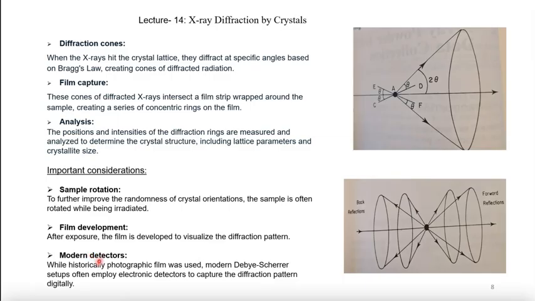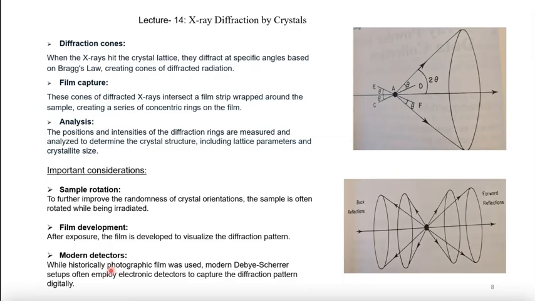Well, this is the early Debye-Scherrer camera, but we do have many advancements on this camera, and you will see that there are different types of film loading, and with these we can see the intensity better, resolutions better, etc.